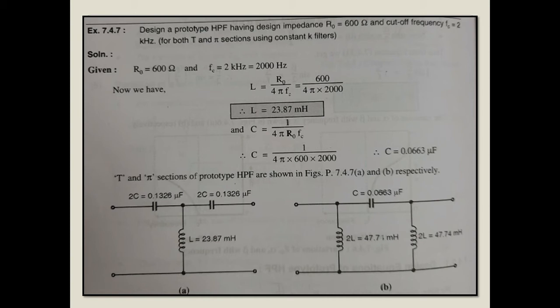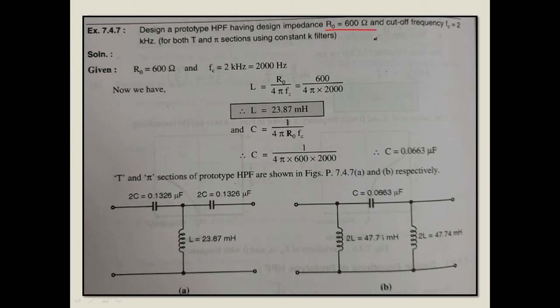To design the prototype high pass filter, having the design impedance R0, which is equal to 600 ohm, and the cutoff frequency Fc, which is equal to 2 kilohertz, for both T and pi sections using the constant K type of filter.